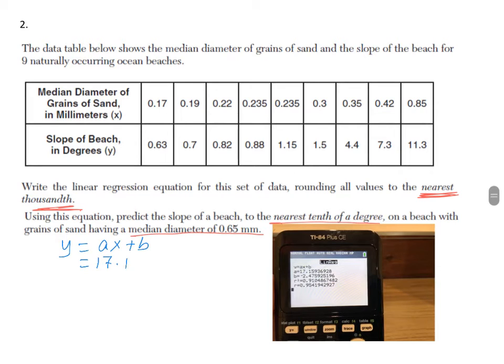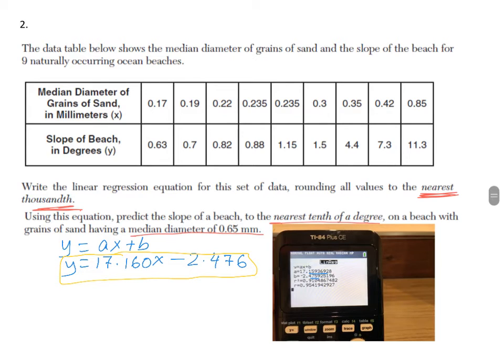So 159, this value, will become 160, right? And b is negative, so I'm going to replace the positive b with the negative because that's what we have. And this will become 476, right? Because it's 59. So this is our equation. So that's our first answer. So I'm going to put that in a box.